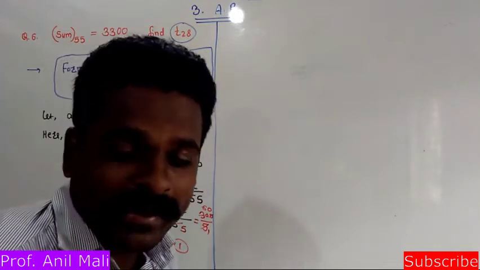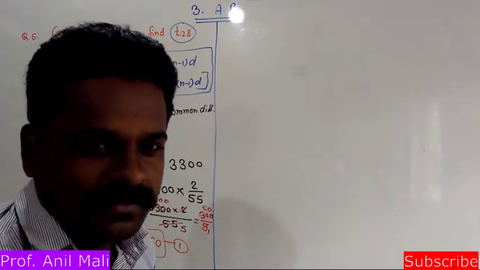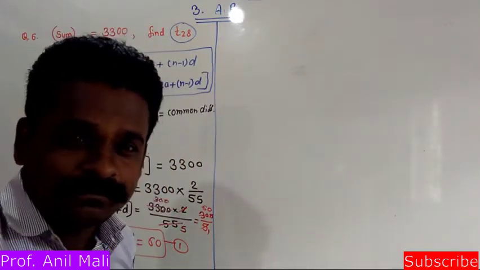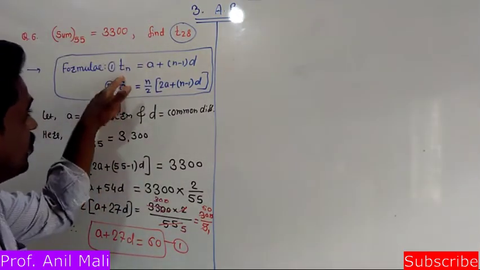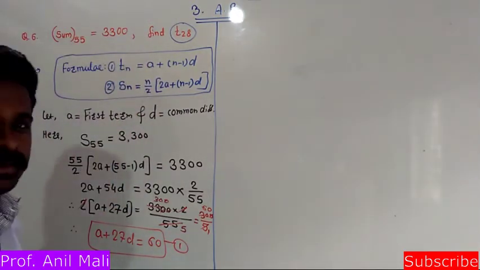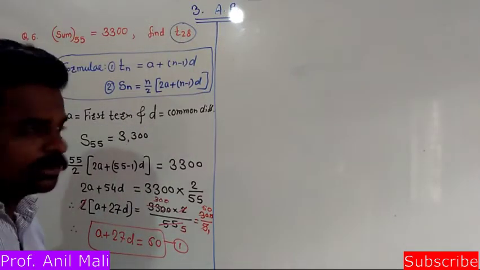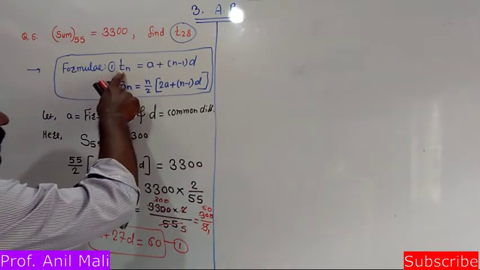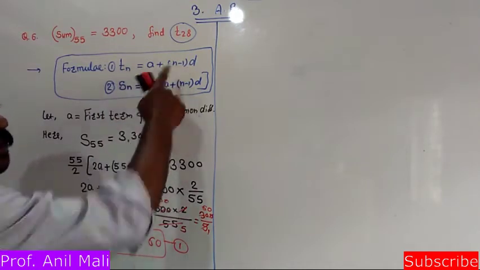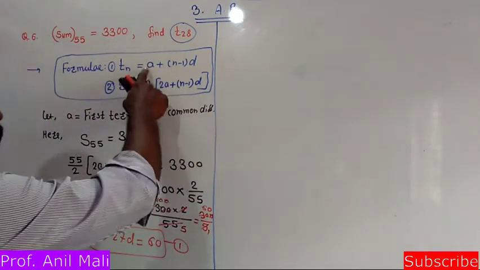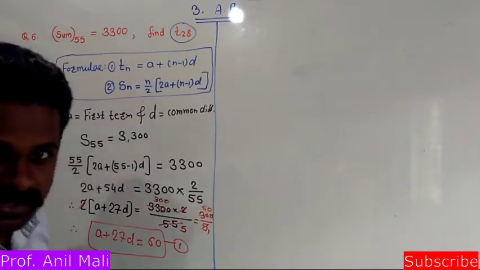See, if you are clear with the formula, that means Tn is equal to A plus n minus 1 into D. How much is your n here? 28. So if you put here 28, T28 is equal to A plus 28 minus 1, it's 27. So A plus 27D, correct?